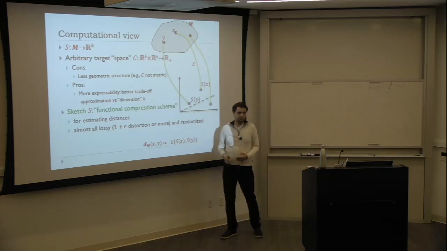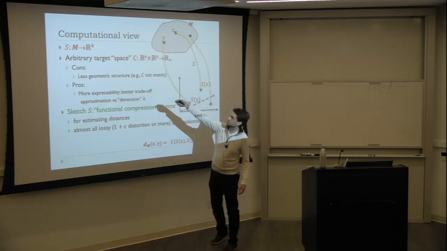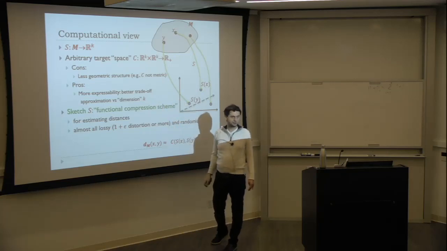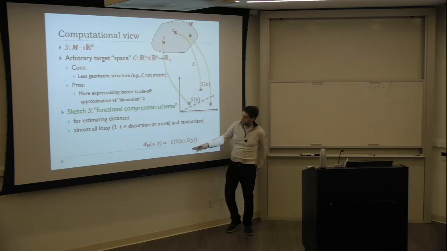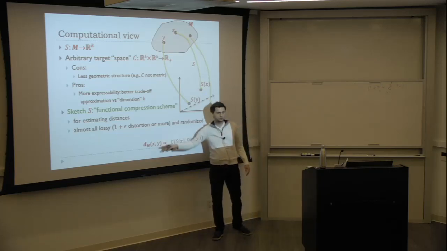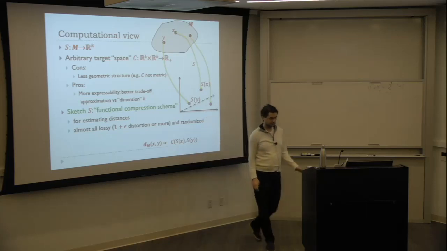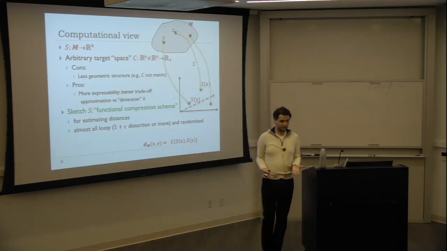This S is what we'll call a sketch. In general, it maps a metric into some lower dimensional space, a sketch of size k, such that there is an estimation procedure C that, given these two sketches, spits out a number that well approximates the original distance. Think about this as a generalization of dimension reduction.